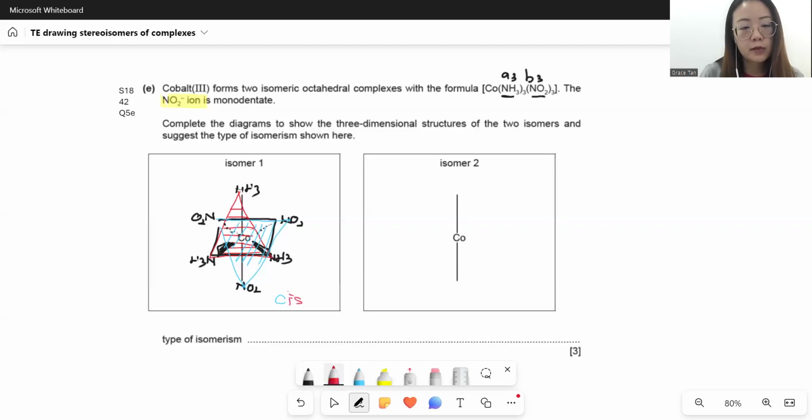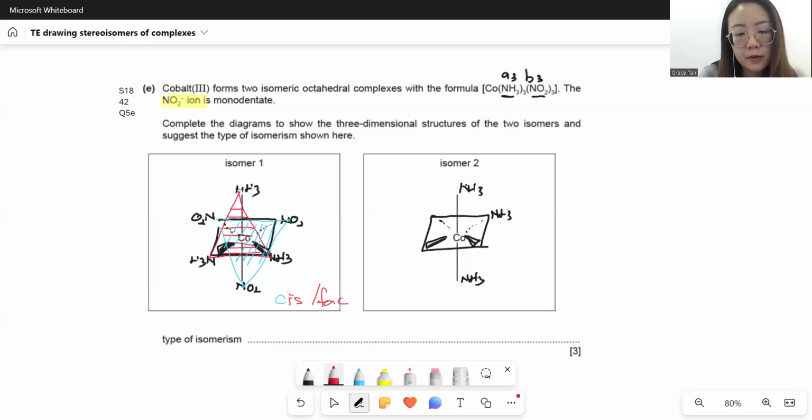Also known as the fac isomer. It comes from the word facial, 2-face, facial. Then now you can draw the other one, with wedge and dotted line. This time I draw the 3 ammonia here.